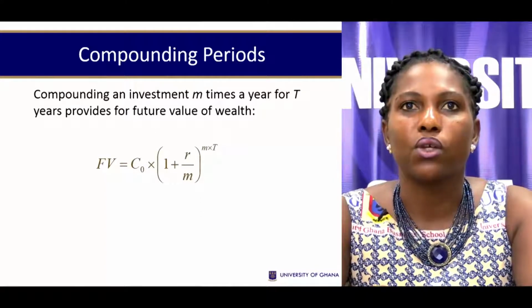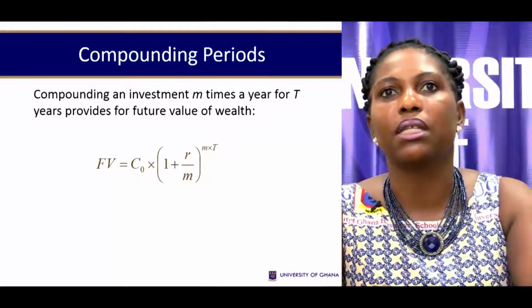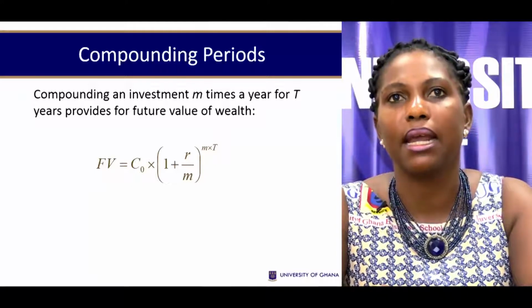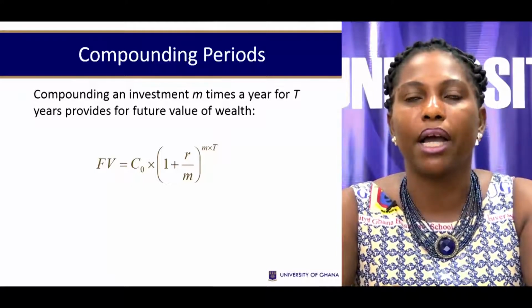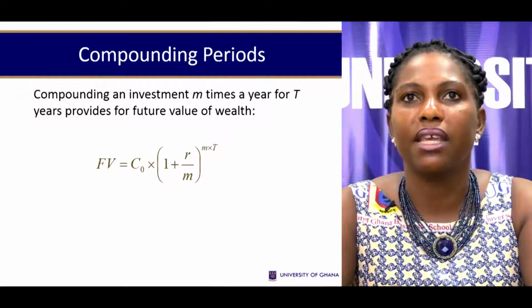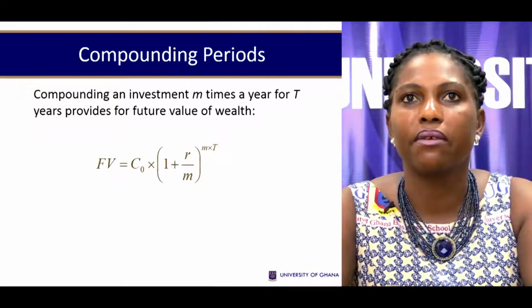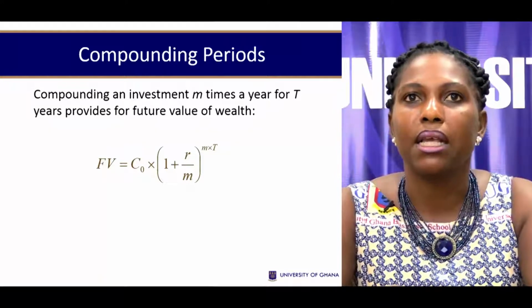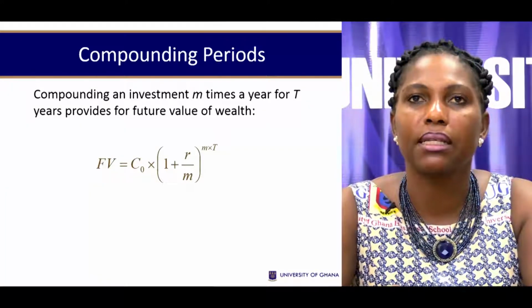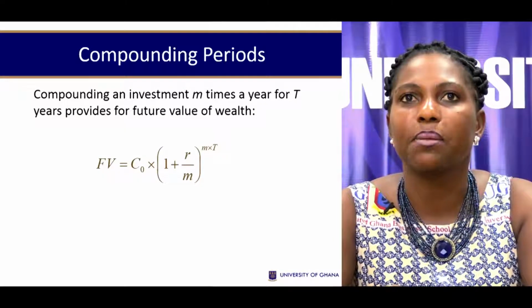So if M is semi-annual, that means 2 frequencies in a year. So R divided by 2 gives us the rate for semi-annual. Now T is the number of years typically. So if we've got 2 in terms of frequency referring to semi-annual, it means that I'm going to earn 6% semi-annual interest for 4 years, because I'm going to have 4 periods of 6 months each.